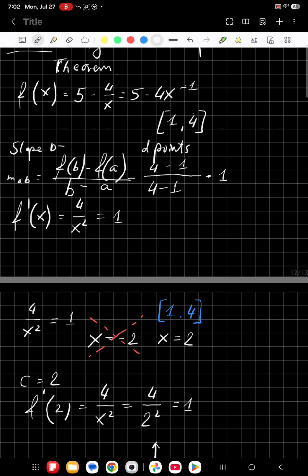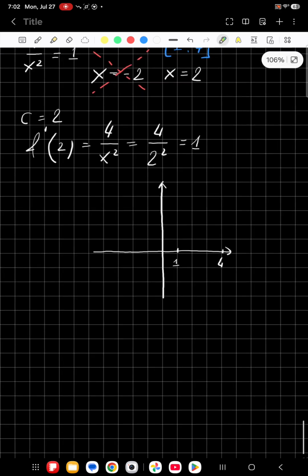Anyway, we evaluated and found the y values for those two, for 1 and 4, so they're here. So we know what those points are. The first point was 1, 1, and the second point was 4, 4. Okay, so now that is the curve.